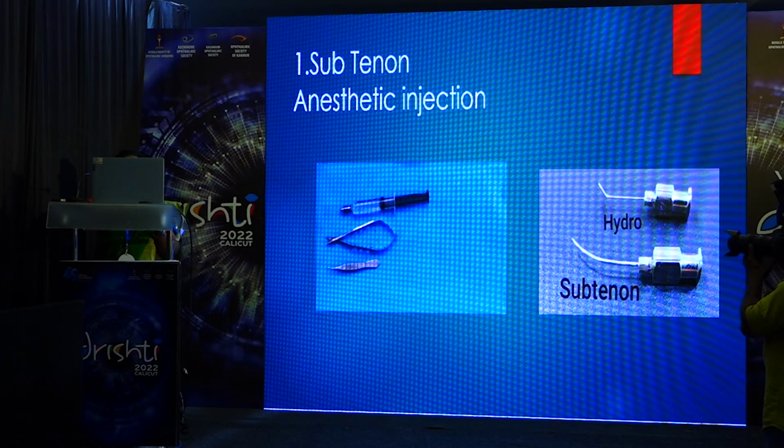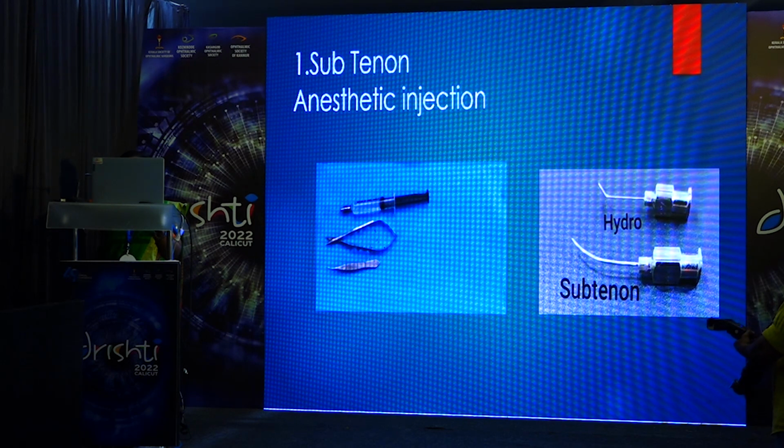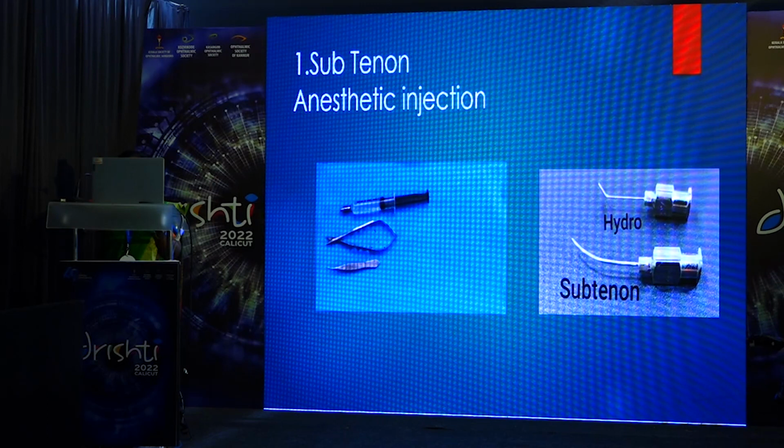For an anesthetic injection, the armamentarium you need is nothing more than the usual instruments like a toothed forceps and Westcott scissors, and anesthetic loaded in a 5 ml syringe attached to a regular hydrocannula or a subtenon cannula, which is a smooth curved cannula and is more preferred.